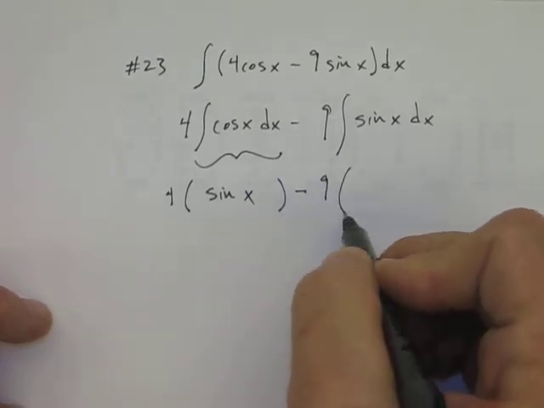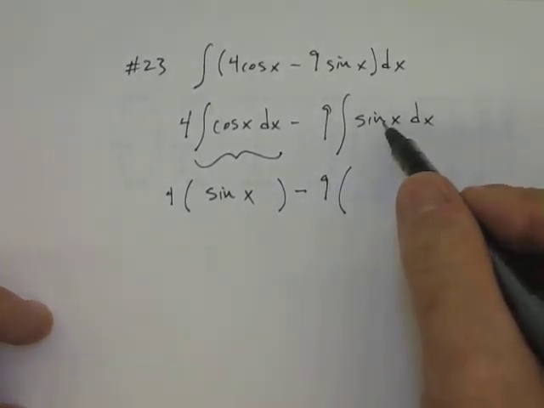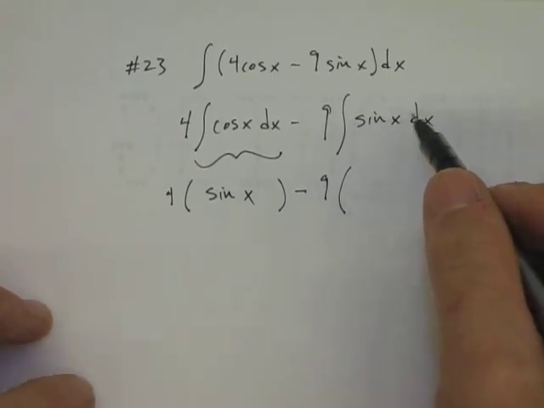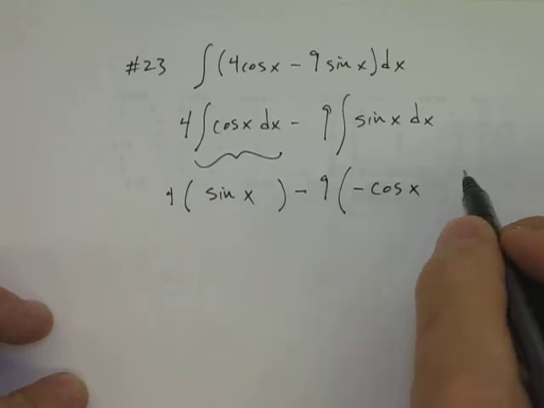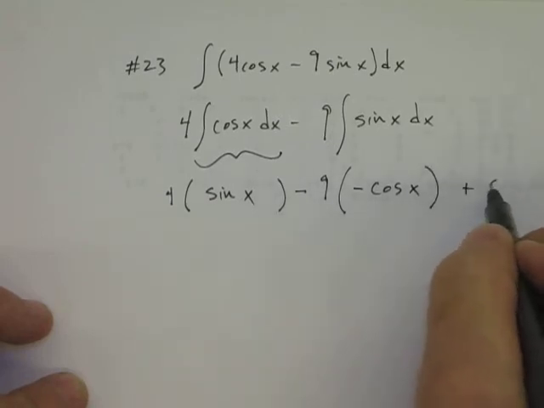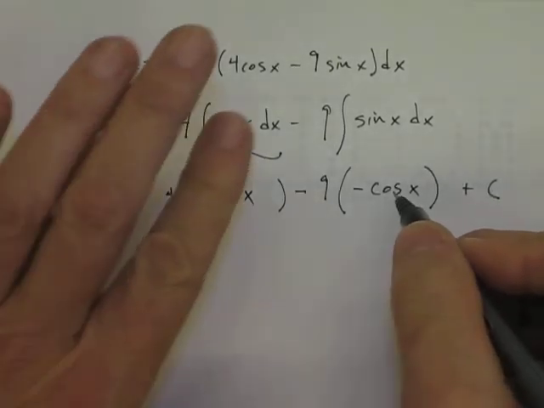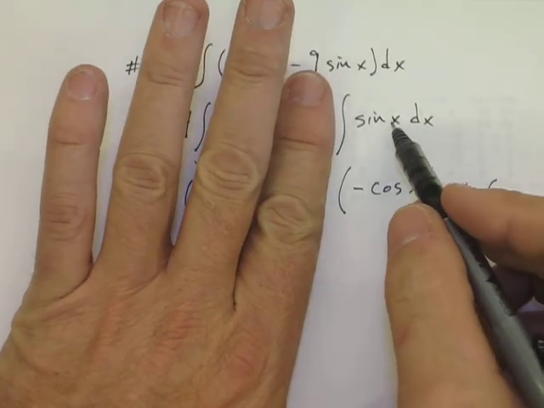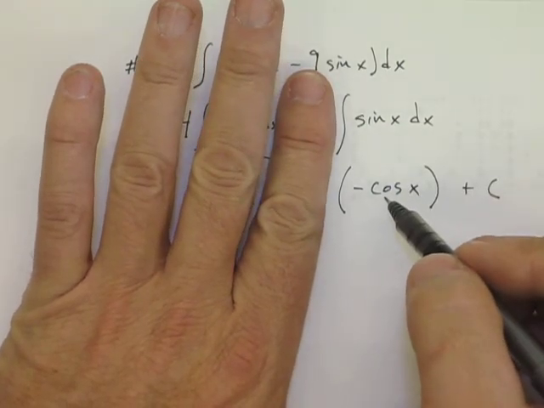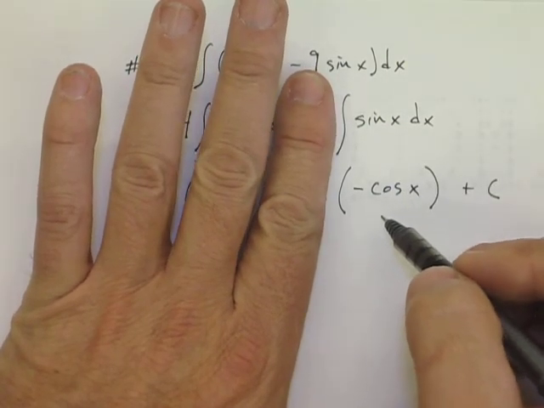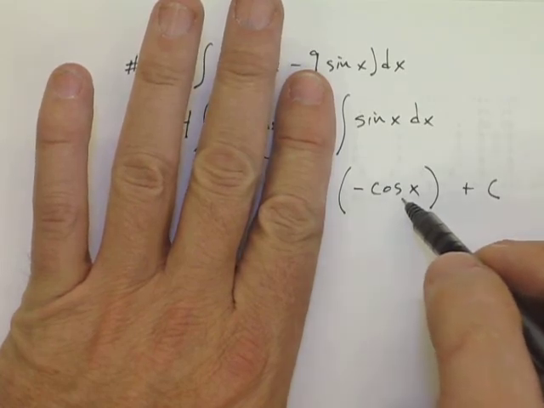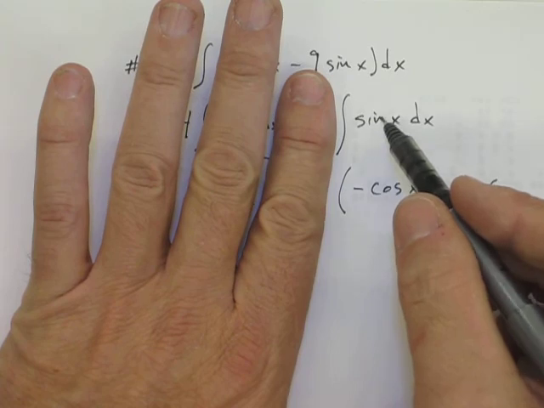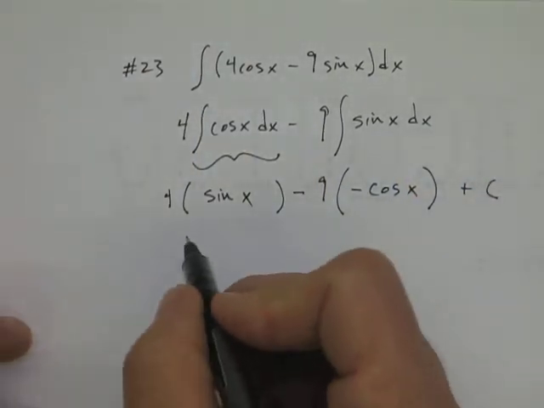Minus 9 times, now the antiderivative of sine x, the integral of sine x, is negative cosine x plus c. Let's do the same thing here. The integral of sine x is negative cosine x. You can check that, because the derivative of negative cosine x is positive sine x. And there we have it.